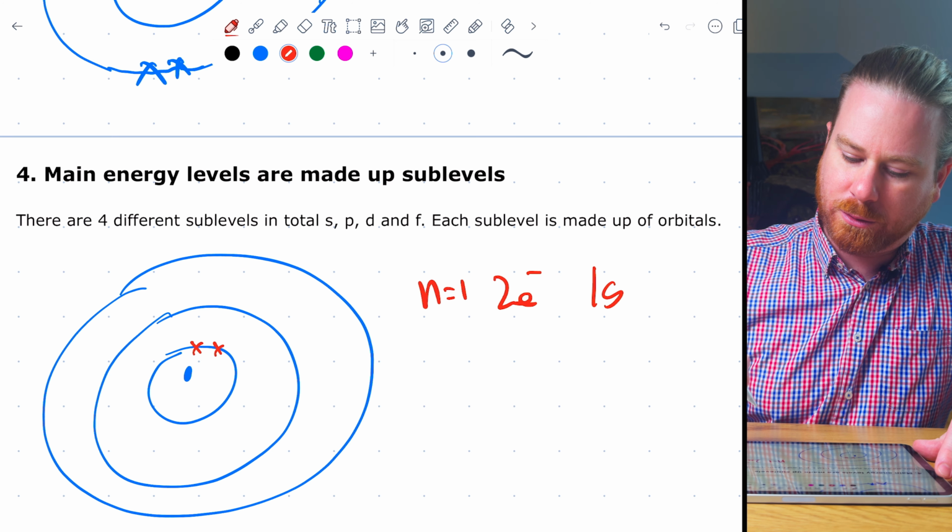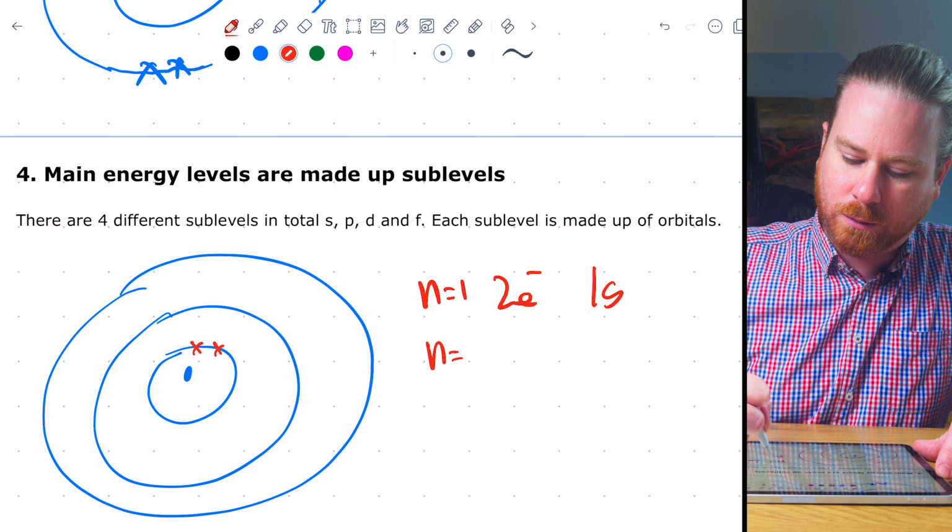Now, up to N equals 2, that's a total of 8 electrons: 1, 2, 3, 4, 5, 6, 7, 8. And these 8 electrons live in the 2s orbital and the 2p orbitals.